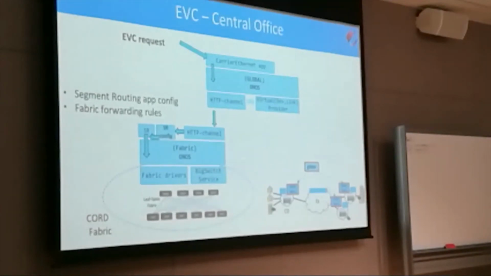Okay, thank you. Another question is that, to me, the global controller should not try to communicate with the ONOS access, because ONOS access and ONOS fabric belong to one single domain. It's a central office. You mean this is a single domain?